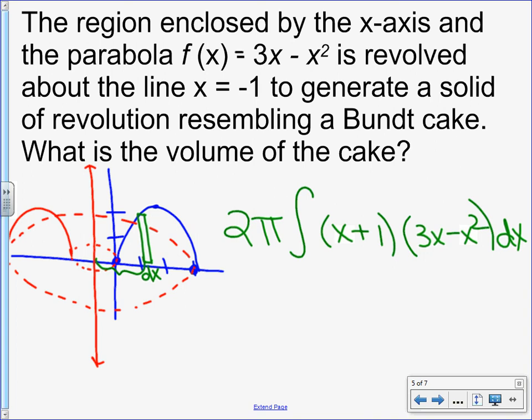Okay. Now, before you start complaining about the algebra that would be involved to integrate this, let's think about if we drew horizontal rectangles to create washers. What would make that difficult? There's no one equation you can use, you have to use a positive and negative square root.